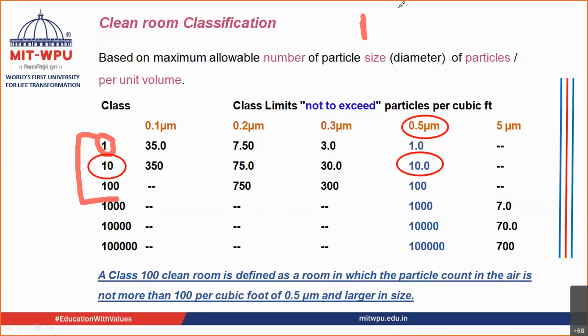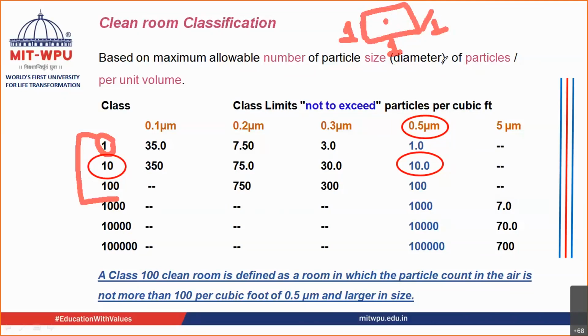Supposing this is the whole area, this is 1 cubic feet: 1 foot of length, 1 foot of breadth, and the depth inside is also 1 foot. In this area, only one particle is present. Have you understood?